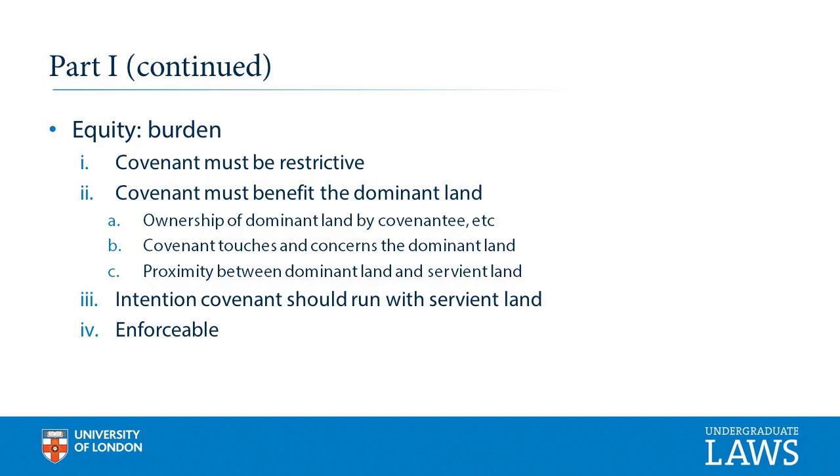The second condition is that the covenant must benefit the dominant land. This condition comprises three related sub-requirements. The first sub-requirement is that the covenantee owned land when the covenant was made, and that the person seeking to enforce the covenant owns all or some of that land.